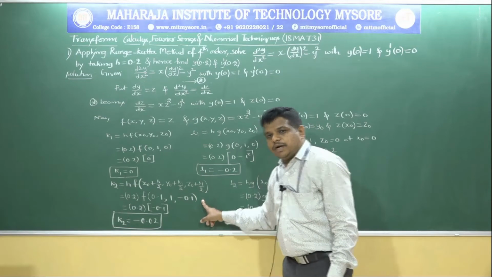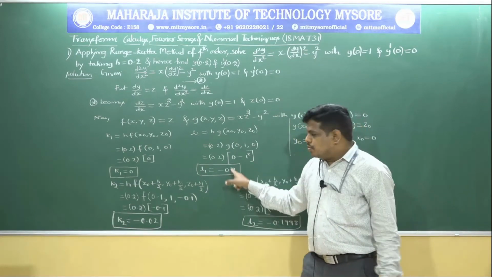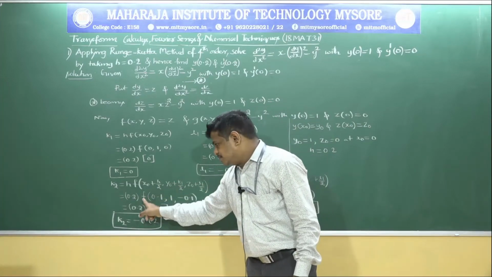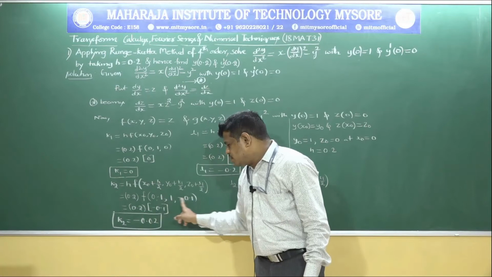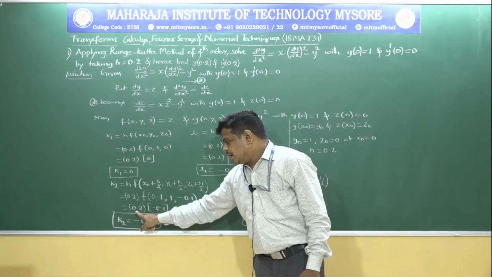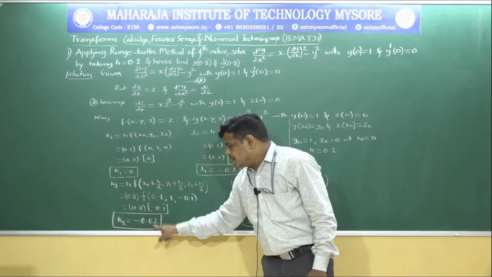Next, z naught plus l1 by 2: z naught is 0, l1 is minus 0.2, and minus 0.2 divided by 2 gives minus 0.1. Since f of x comma y comma z is z, the z value is minus 0.1. 0.2 into minus 0.1, you end up with the k2 value as minus 0.02.